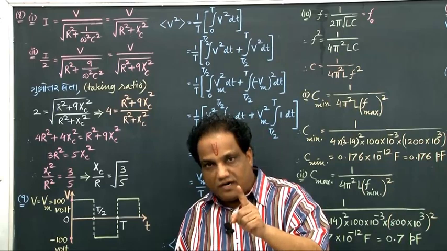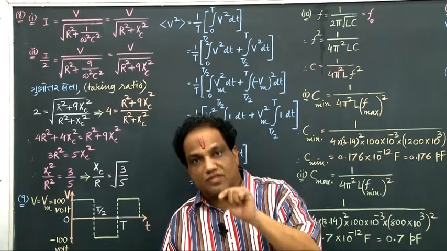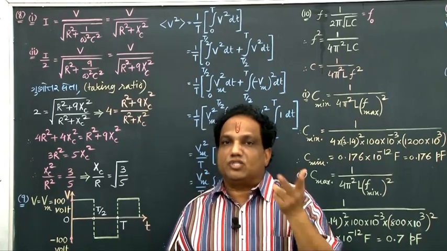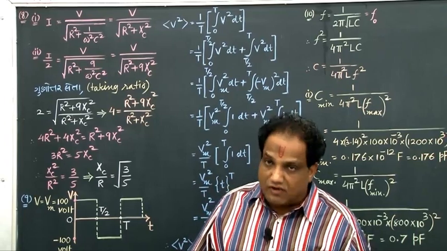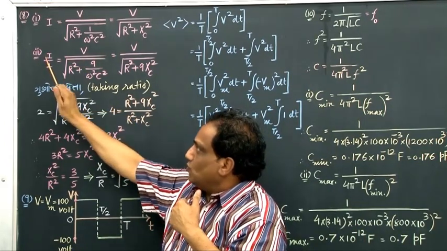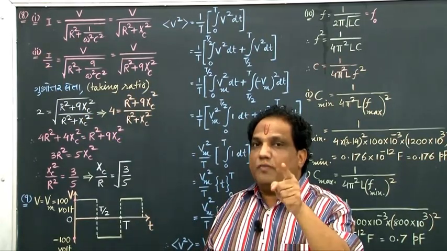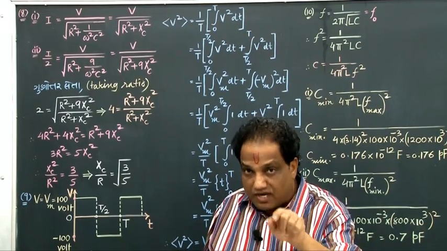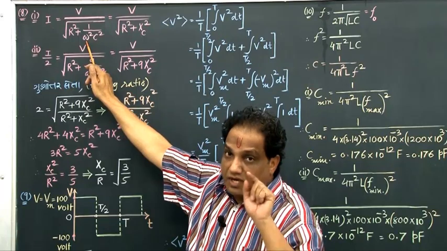Instead of omega, they have reduced the angular frequency to omega by 3, and thereby it so happens that current becomes half of the initial value. Initial value was I, now it is I by 2. Tell me, when omega reduces to omega by 3, instead of omega you are supposed to write omega by 3.